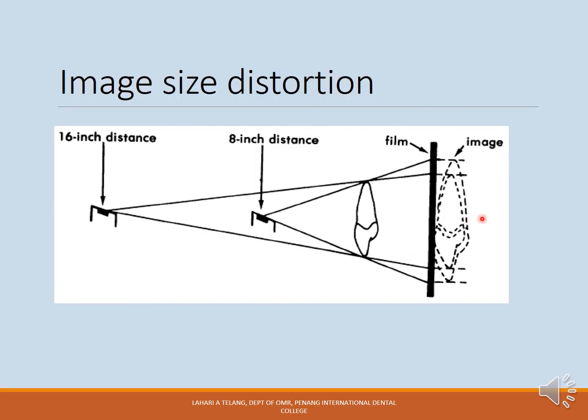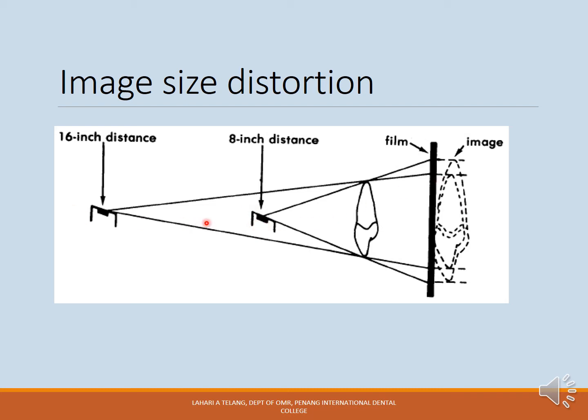When we're talking about image size distortion, it is important to understand that the tooth should, as far as possible, be parallel to the film, and the source of image energy, that is the X-ray machine, should be within a distance of 8 to 16 inches from your object, which will result in good images.